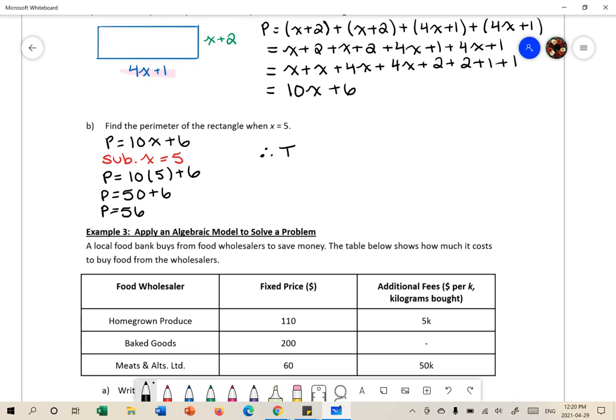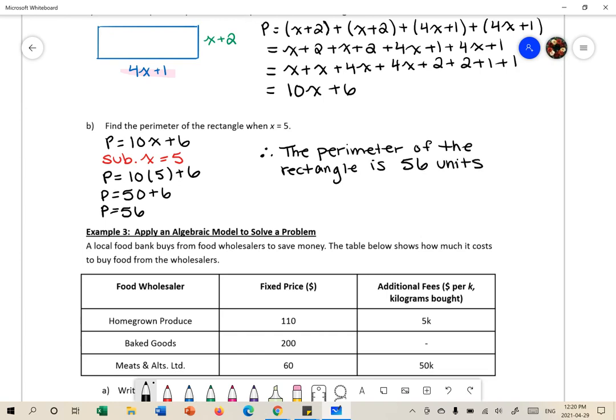Therefore, the perimeter of the rectangle is 56 units.